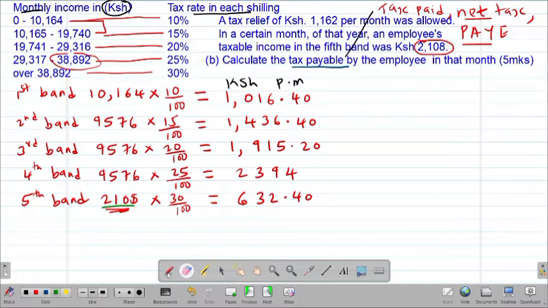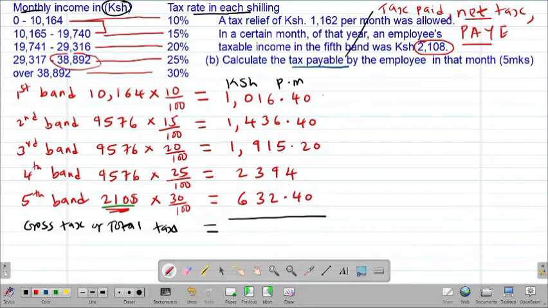Therefore, once we have all those values, it means that we can now easily get what we call the gross tax, also called the total tax. To get the gross tax, you feed this amount on the calculator. You take 10.16 and 40 cents plus 14.36 and 40 cents plus 19.15 and 20 cents plus 23.94 plus 6.32 and 40 cents.